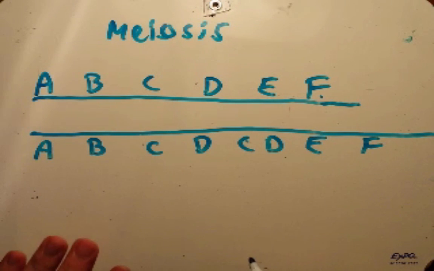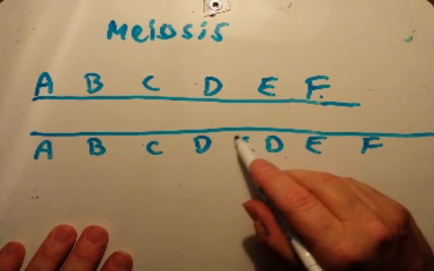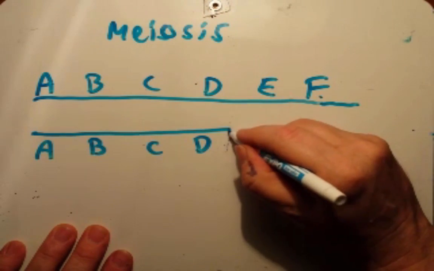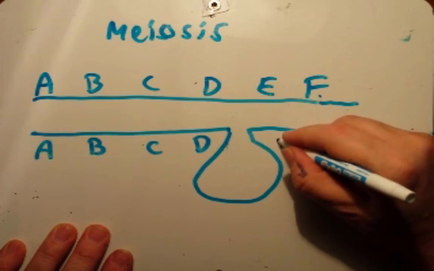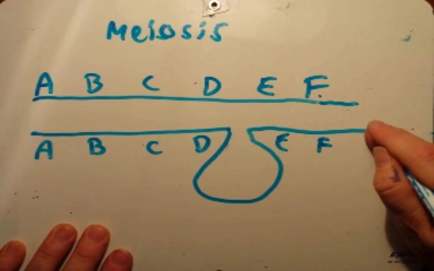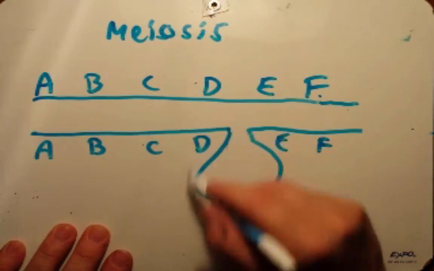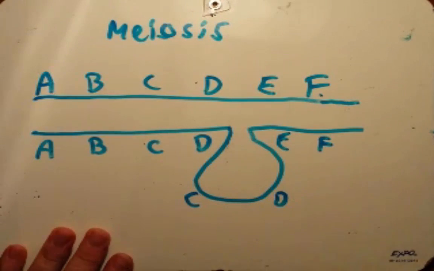And so the way this is solved, similarly as we saw with deletions, except now we're going to loop out this part of the chromosome. And in doing so, E and F can now bind with each other during synapsis, and this C and D can here, but the C and D that have been duplicated now loop out.